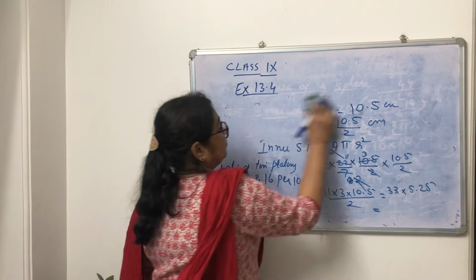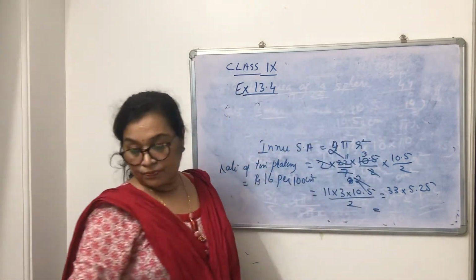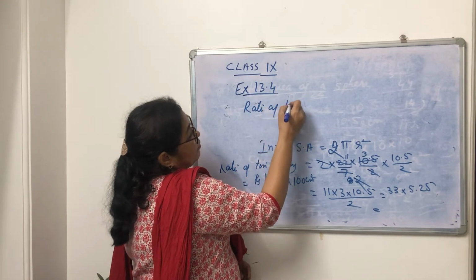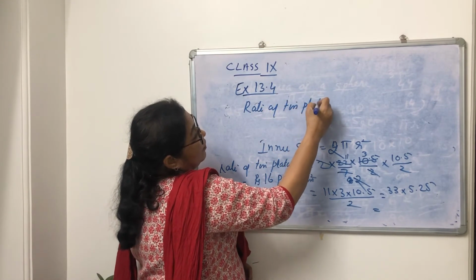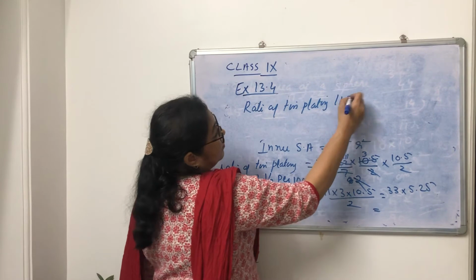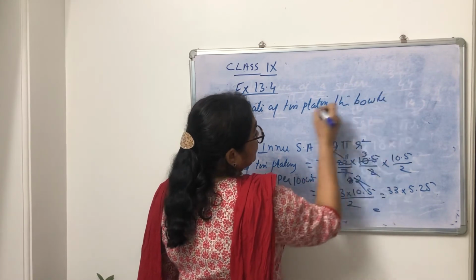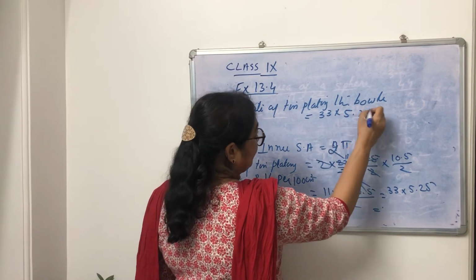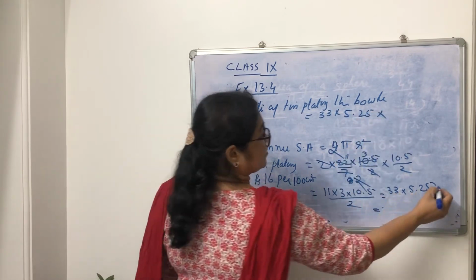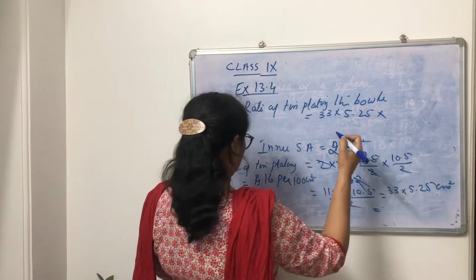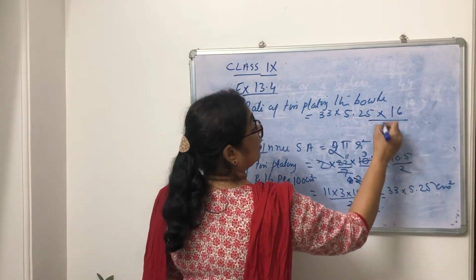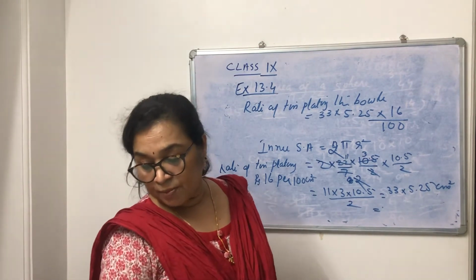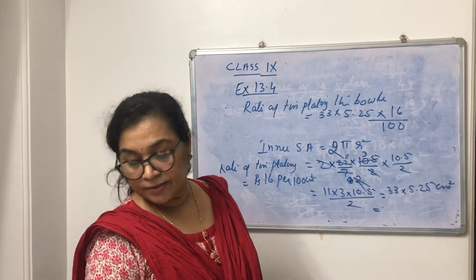Therefore, the cost of tin plating the bowl is the curved surface area, 33 into 5.25 centimeter square, into 16 by 100.